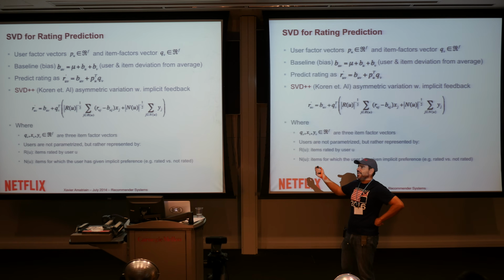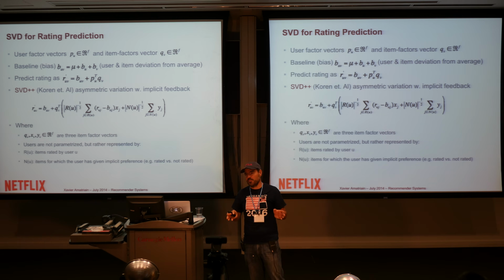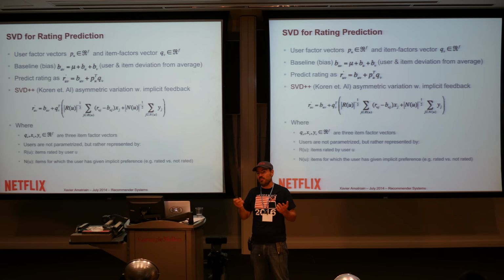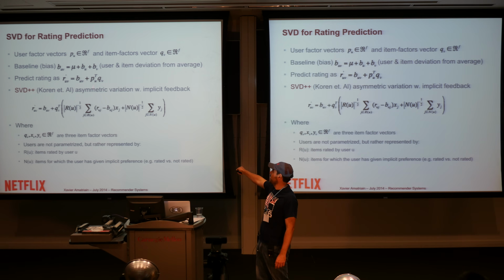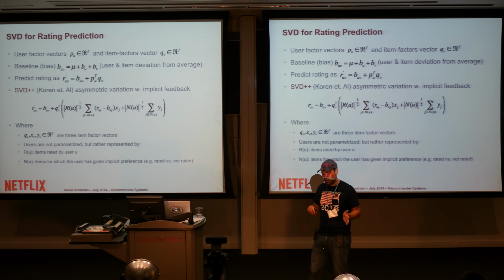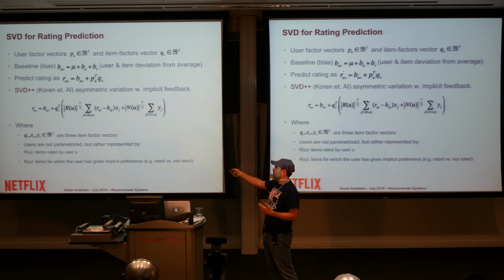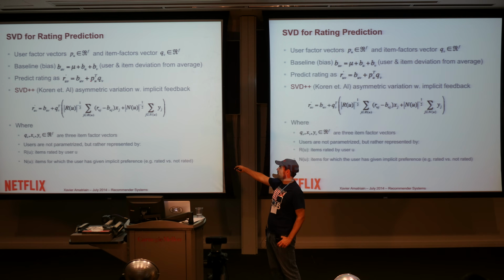So in some sense, this is similar to what we were doing with the nearest neighbor approach, where we were doing a weighted average of the neighbors. We're doing something similar, except that now we're doing it in a latent space where we have user factors and item factors, right? We're basically multiplying how strongly a user is aligned with a set of factors, and how strongly the item that we're trying to predict is aligned with those factors. And we do that by multiplying the U transpose times the V.